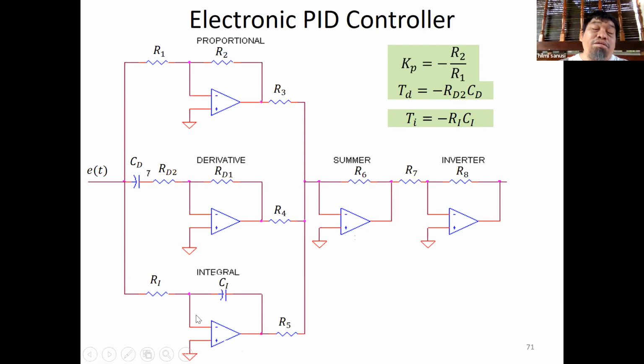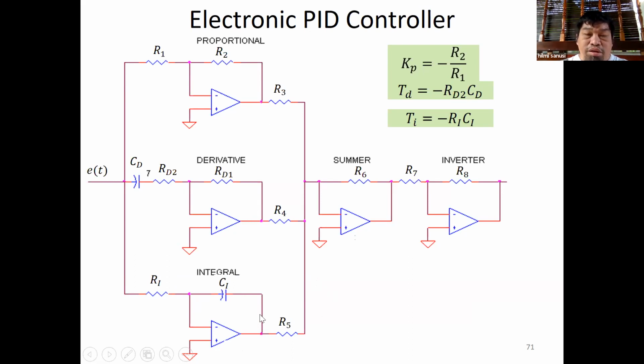So this R ni ada value dia. Dia ada maximum value of R. Kalau you bagi R ni terlampau besar, sebab you nak dia RC kan, then you will have a problem, sebab nanti your output will be very very small.